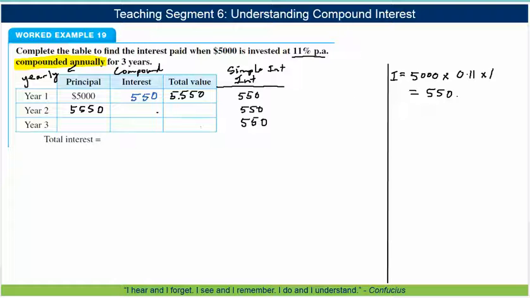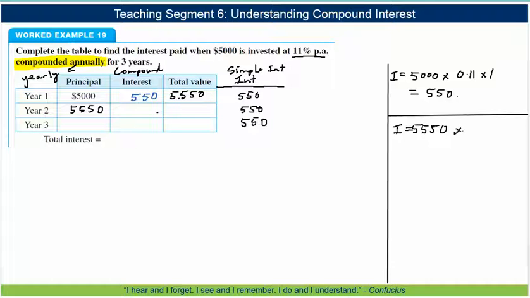So now for the next period, we need to work out what 11% of 5,550 is. Principal. Well, that's going to be cell C2, isn't it?